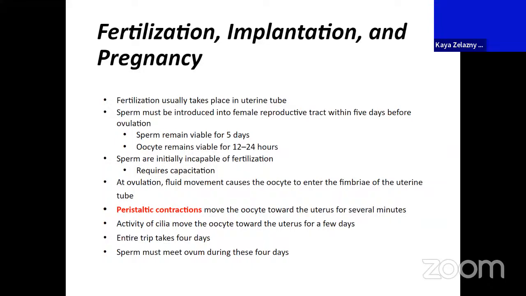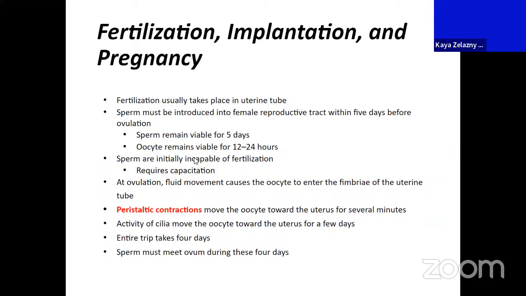So we've got the movement of these ciliated cells pushing the egg along down that uterine tube towards the uterus. So it takes 4 days, actually, to get all the way from the fimbriae and the ovary at the end of the tube all the way into the uterus. So this is not a super fast process. And it's somewhere in those 4 days that we need to meet up with the sperm.